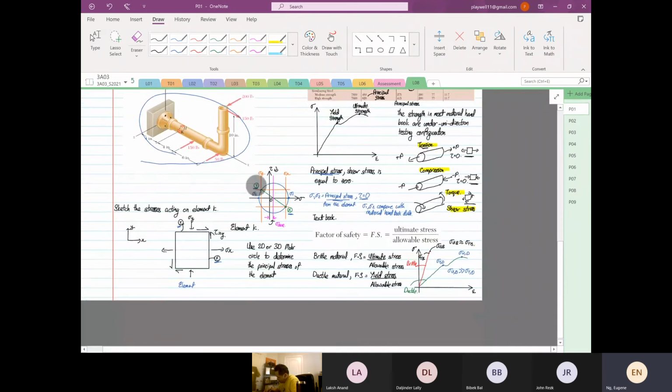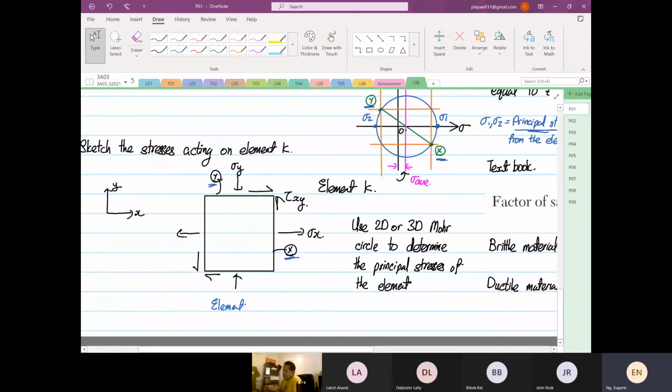Because we have to put them into element form. Then we can construct our Mohr's circle.